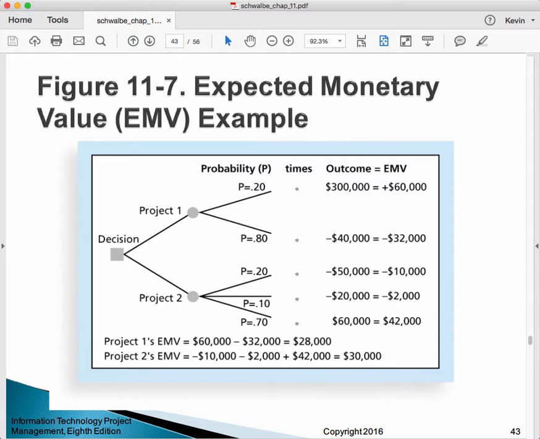So on project one, you've got 20% of $300,000 or $60,000. You've got 80% of a $40,000 loss, so negative $32,000. So the project expected monetary value is the sum of those two, or $28,000. Whereas project two, when you do the math, we get $30,000.